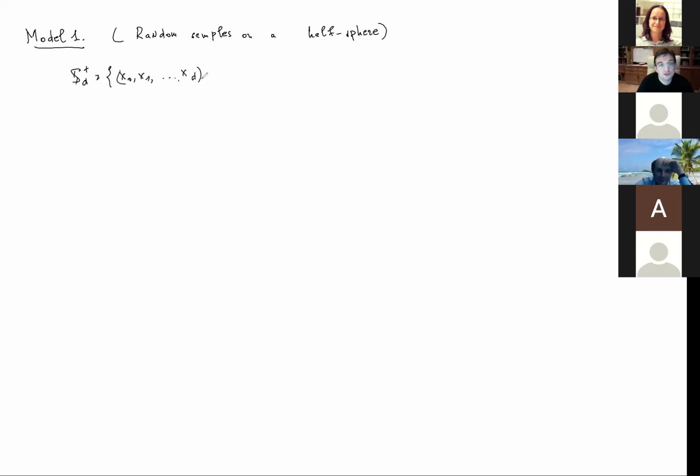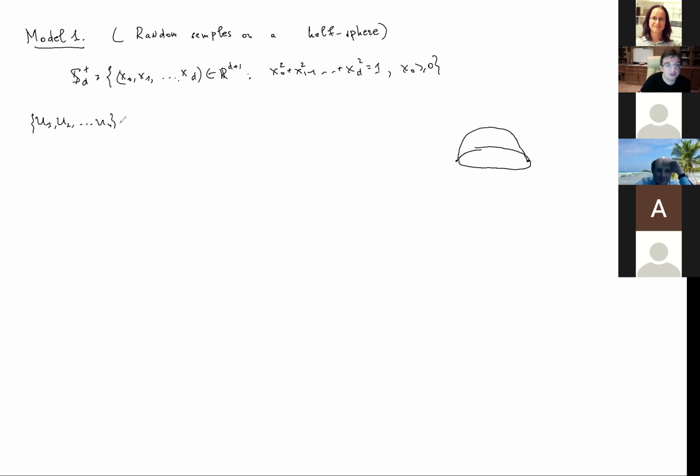This is an object in space R^(d+1), satisfying the norm of x equals 1 and x0 is non-negative. So in a three-dimensional space, this is just the upper half sphere. Now let's take an independent sample from the uniform distribution on this half sphere.